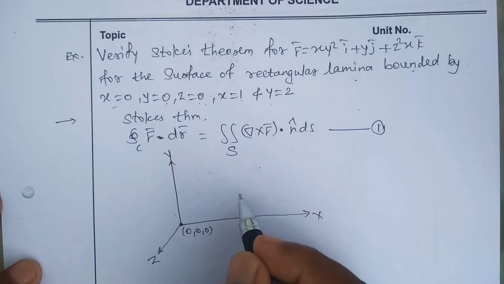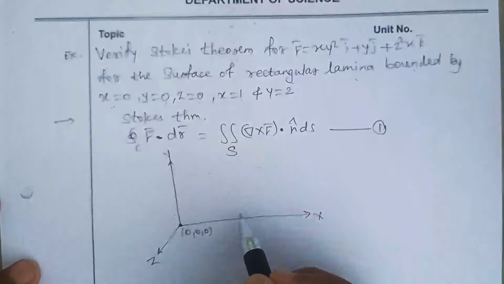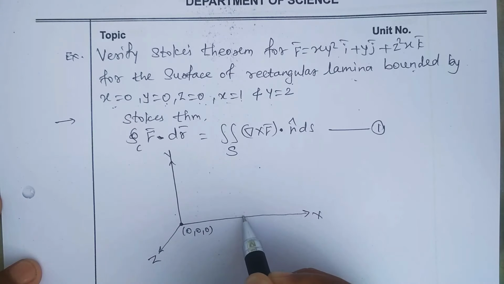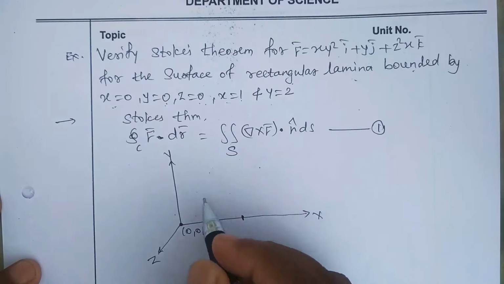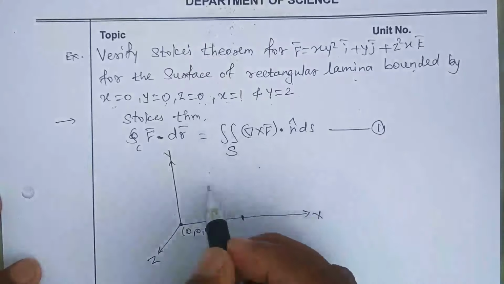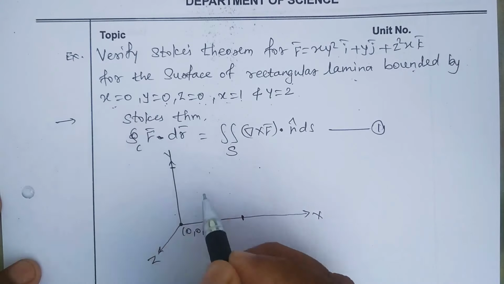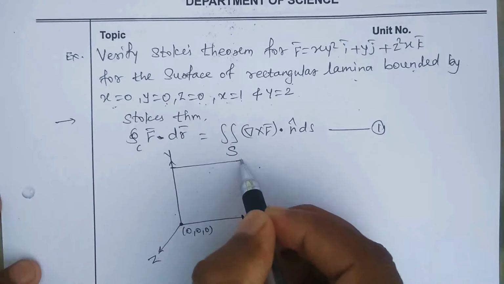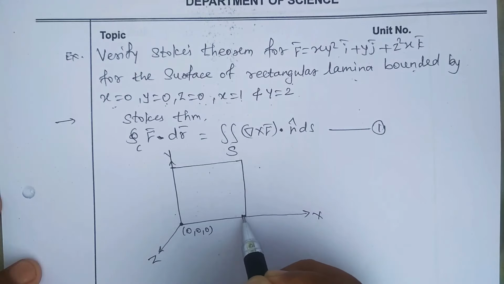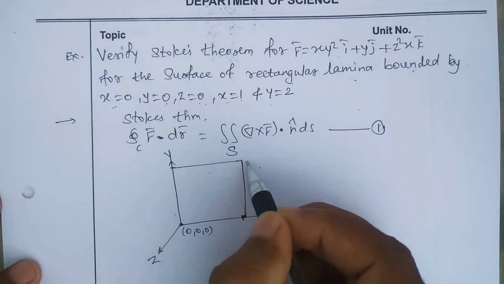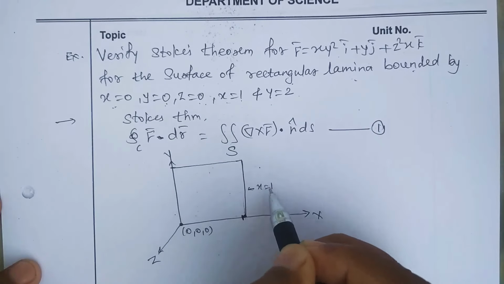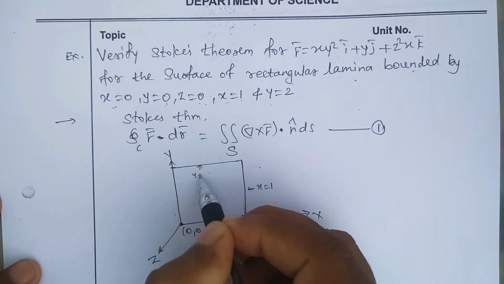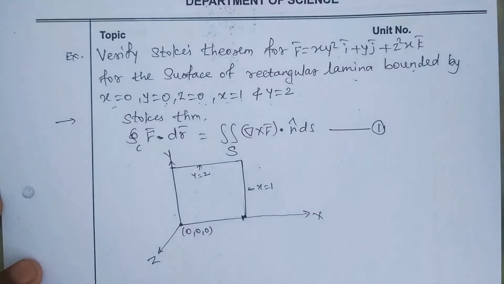Now x equals 1, here somewhere at distance 1, and y equals 2, here somewhere. If you draw the lines and join these points, this line is x equals 1 and this line is y equals 2.